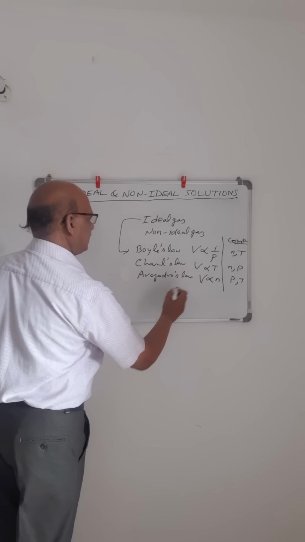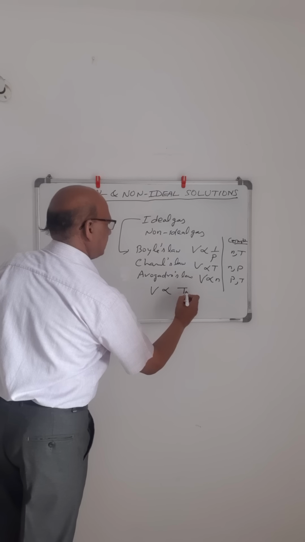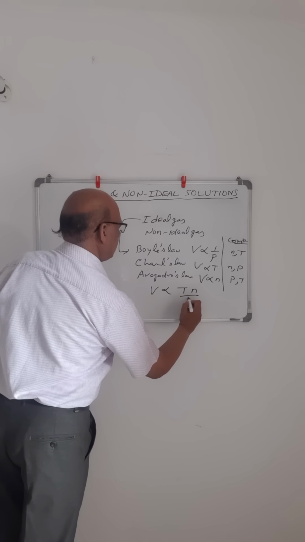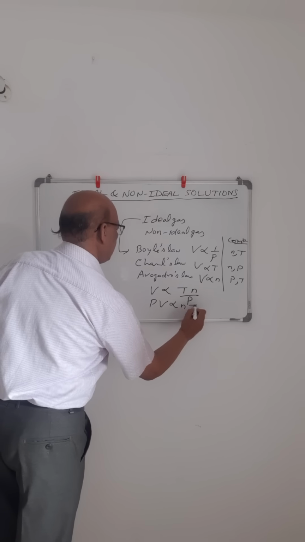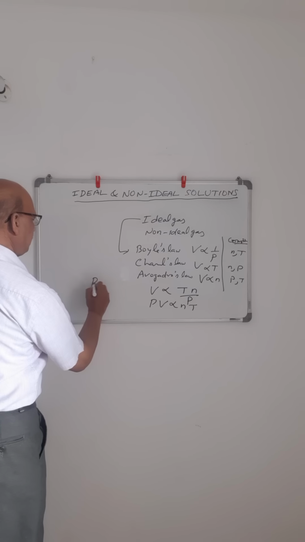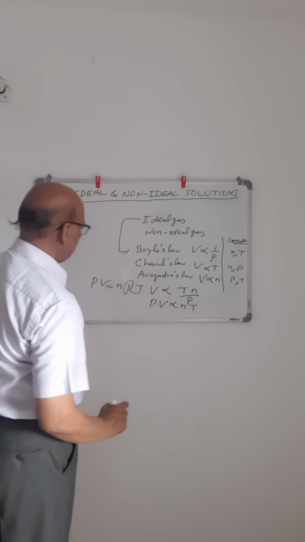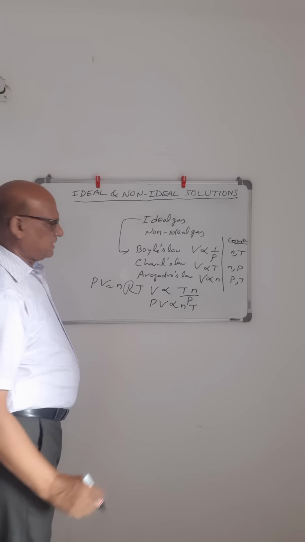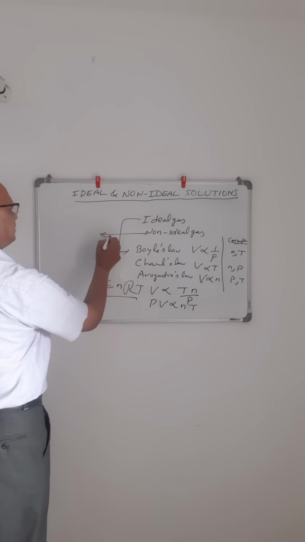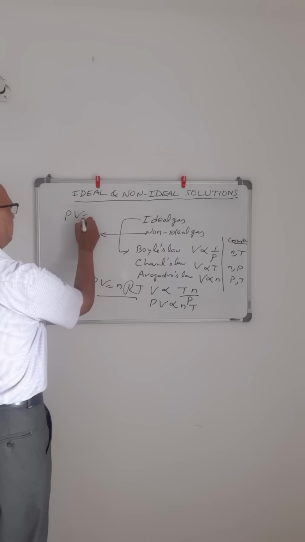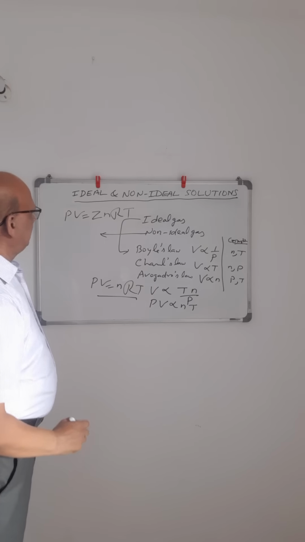Okay, we can combine this as V is proportional to T into N upon P, or we can write PV is proportional to NT, or we can write PV equal to nRT, where R is the universal gas constant. ये आइडियल गैसेज के लिए है। अगर हम नॉन आइडियल गैसेज की बात करें then this equation will become PV equal to ZnRT, where Z is the compressibility factor.